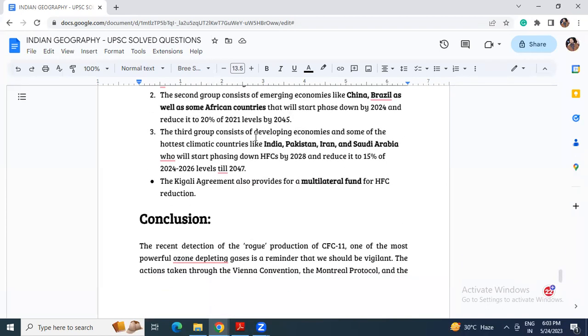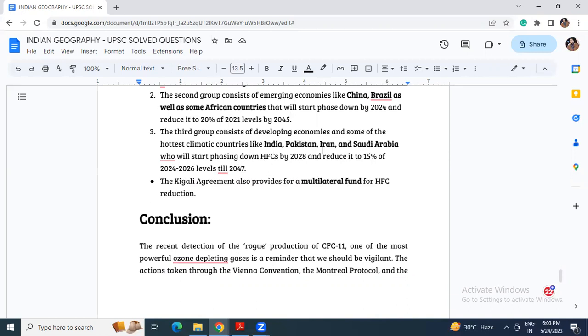And the third group consists of developing nations, developing economies, and some of the hottest climatic countries like India, Pakistan, Iran, Saudi Arabia. They will start phasing down HFCs by 2028 and reduce it to 15% of the 2024-2026 level by 2047.